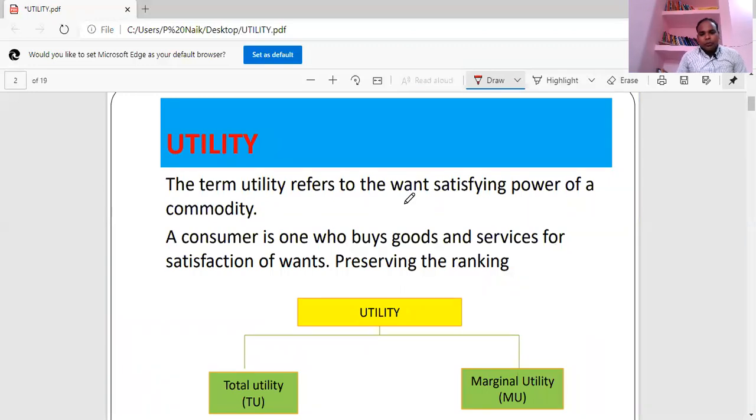The term utility refers to the satisfying power of a commodity. So utility means the commodity has the power to satisfy wants, human wants.